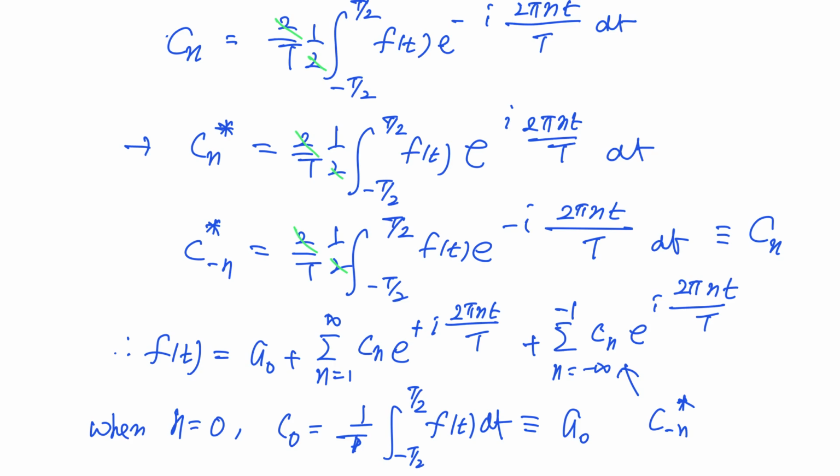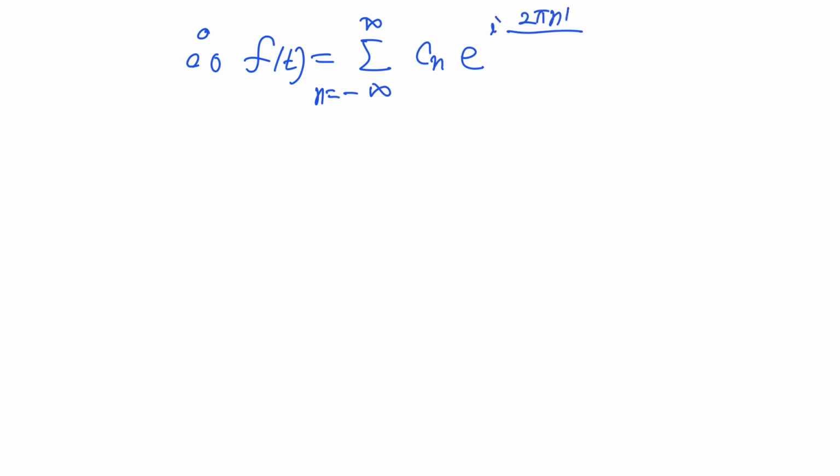So Cn is 1 over T, right. Therefore, f(t) can be written as a single sum from minus infinity to infinity of Cn exponential i 2 pi n t over T, right?